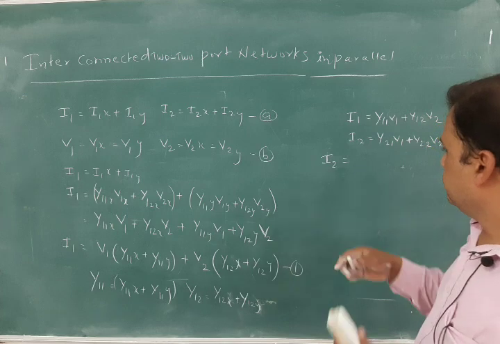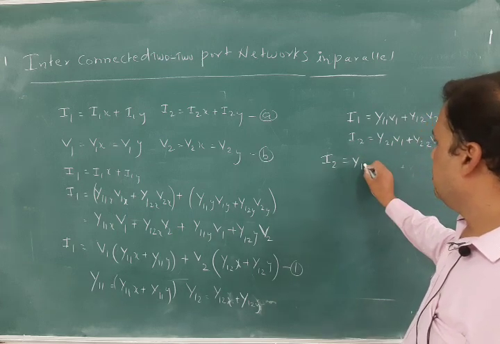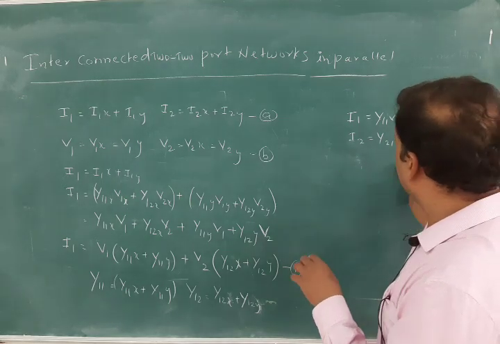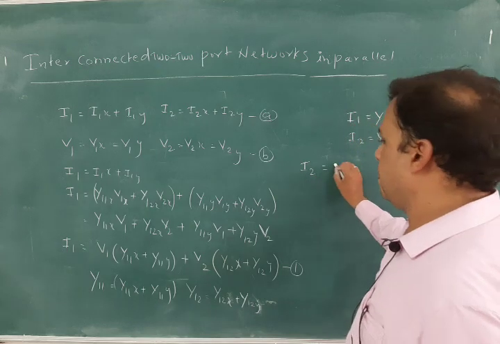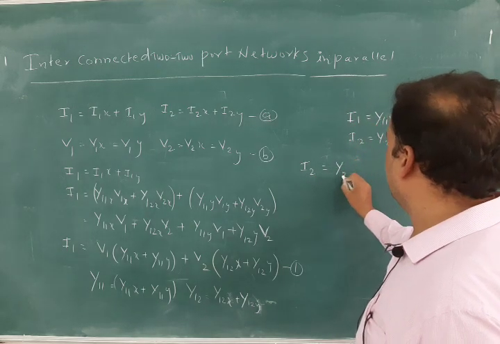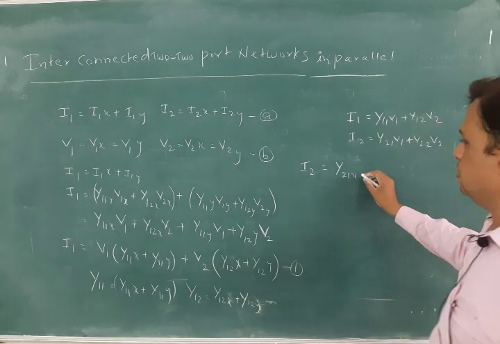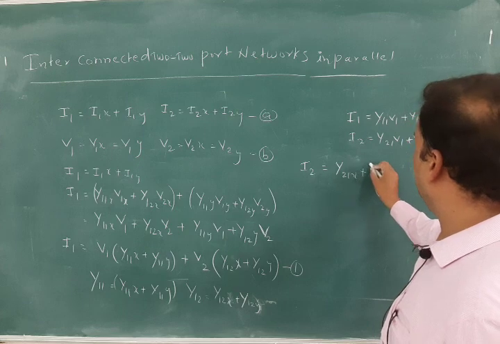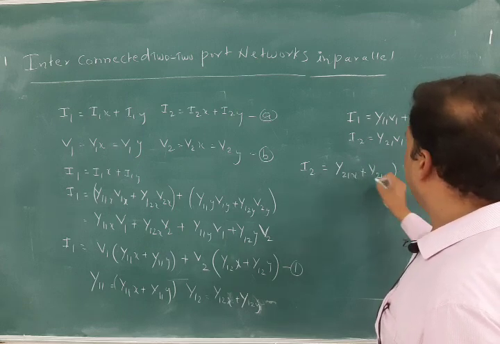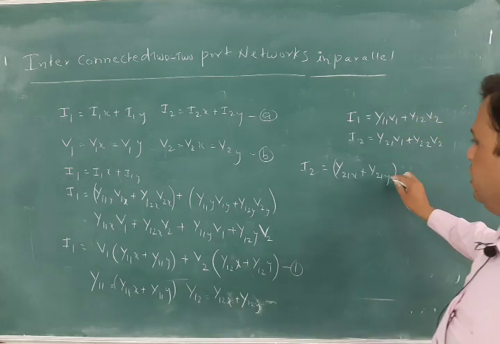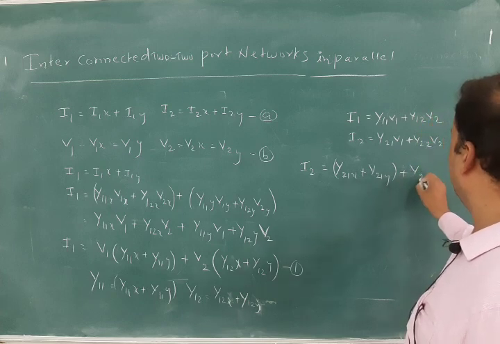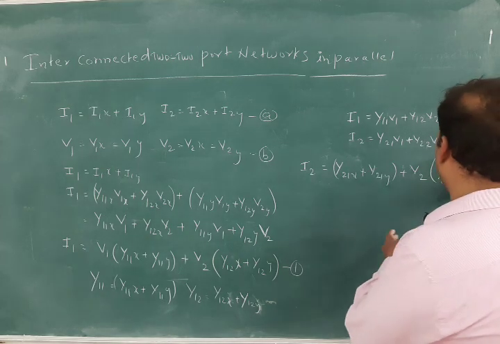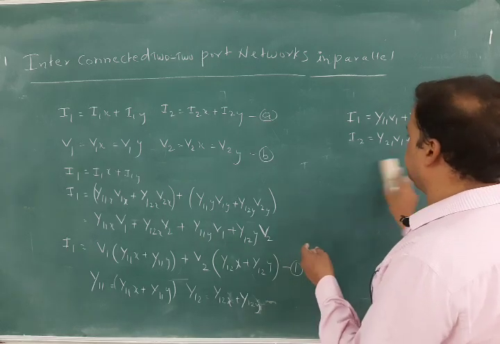I2 is equal to Y21x plus Y21y into V1 plus V2 into Y22x plus Y22y. We write the equation completely.